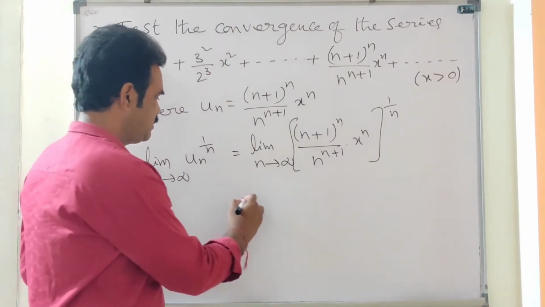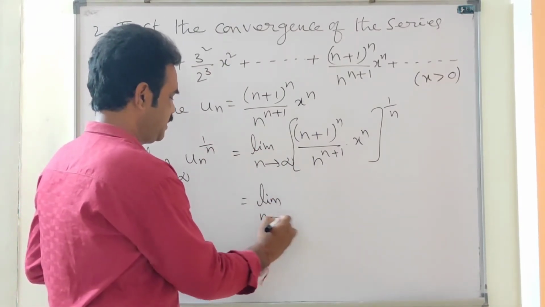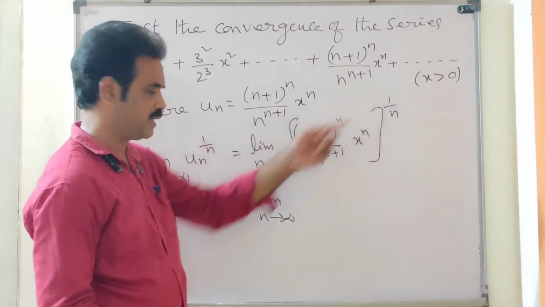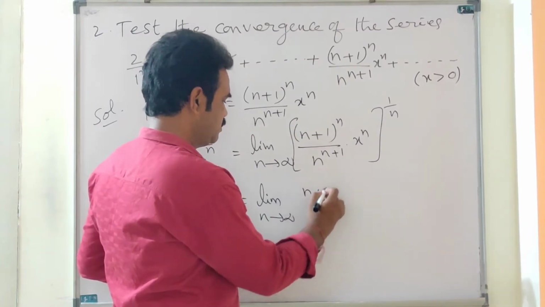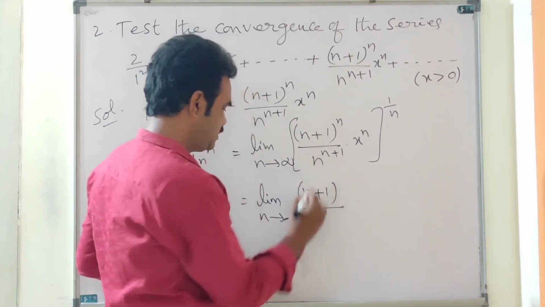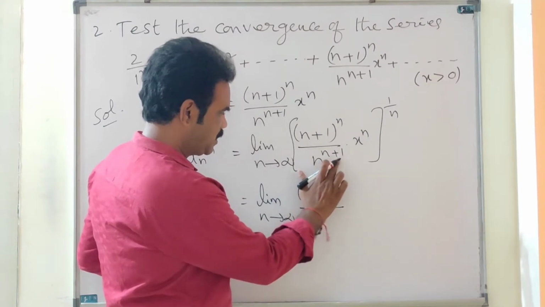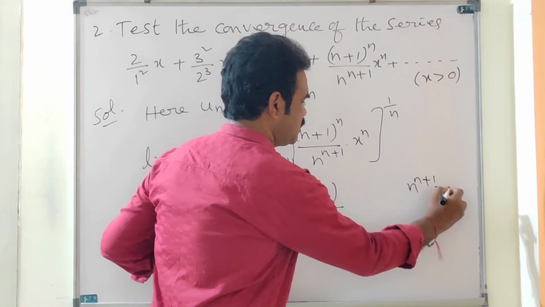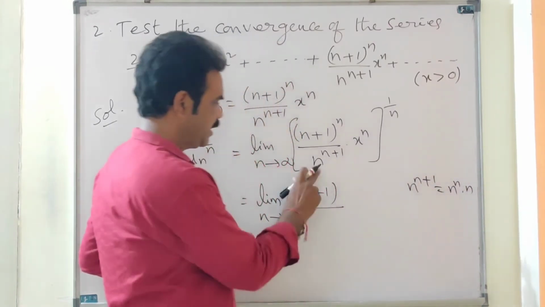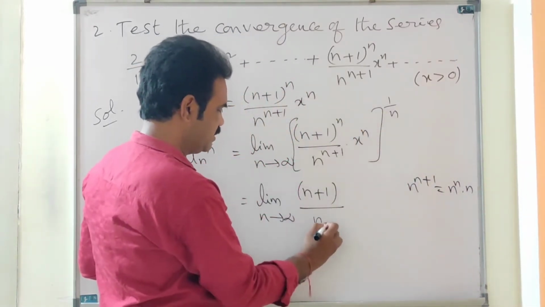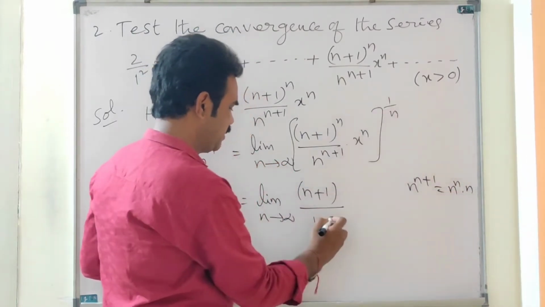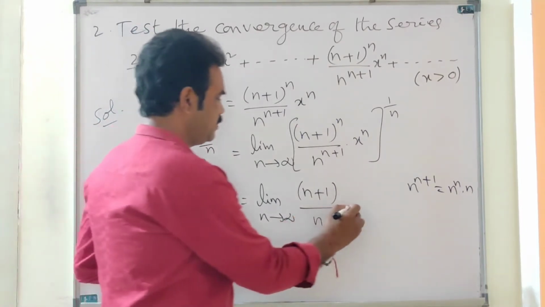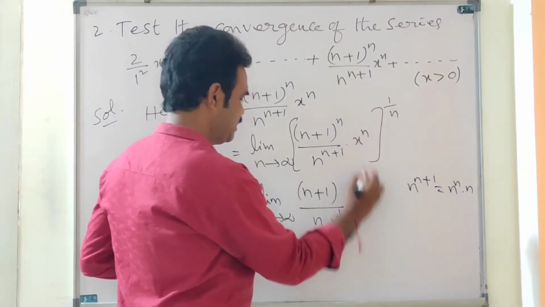Okay, this is equal to limit n tends to infinity, n plus 1 by, this n power n plus 1 can be written as n power n into n. N power n whole power 1 by n is n, and n power 1 by n into x power n whole power 1 by n is x.